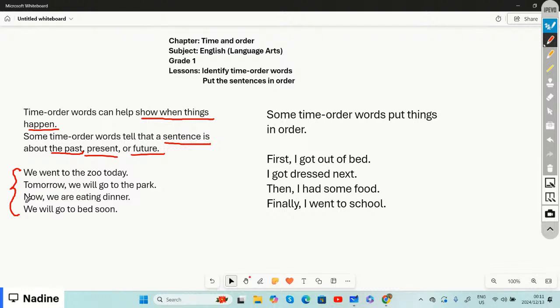And remember, the past is anything that happened already, whether it is earlier on or this morning. Okay, the first one says, we went to the zoo today. So we went to the zoo today.